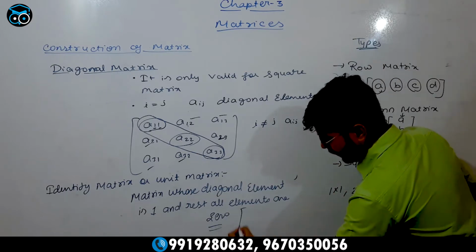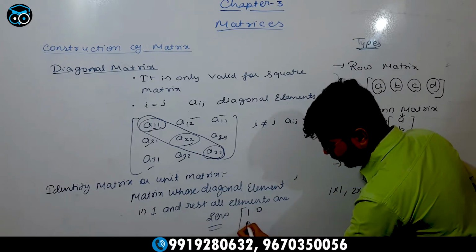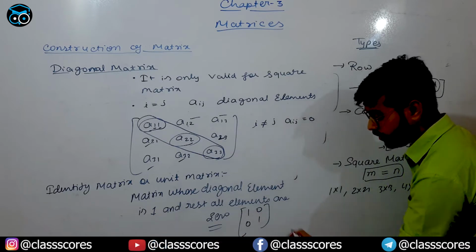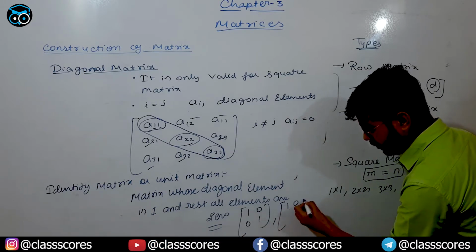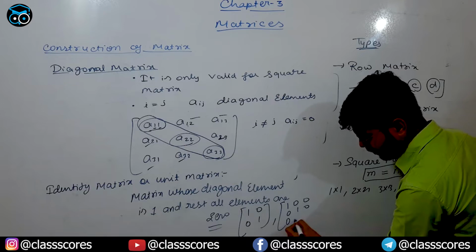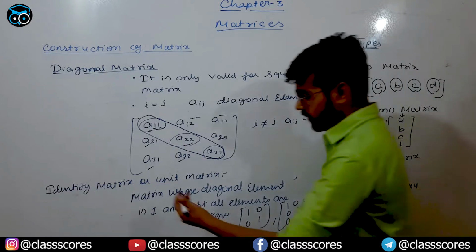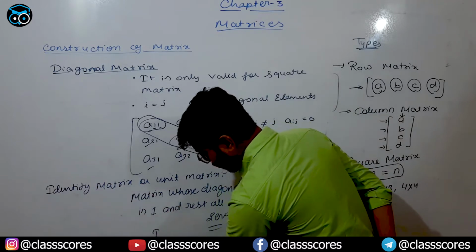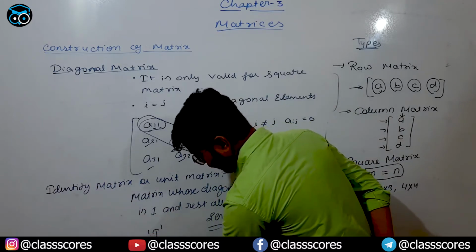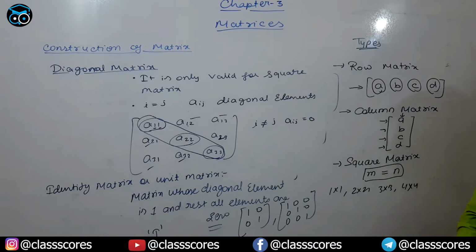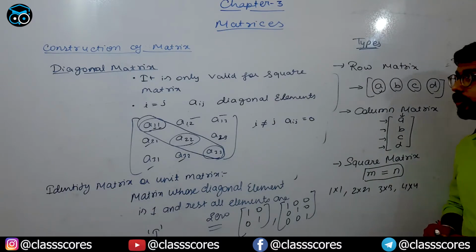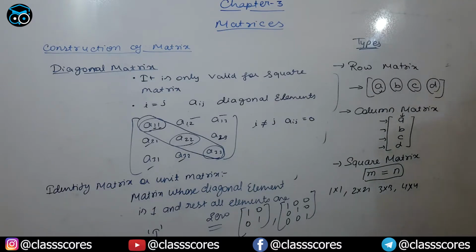Suppose we can say 1 0 0 1 in 2 by 2 order, 1 0 0, 0 1 0, 0 0 1. This is also another example. And identity matrix is always represented with capital I. Clear? So now, before moving further, please pause the video to note it down.